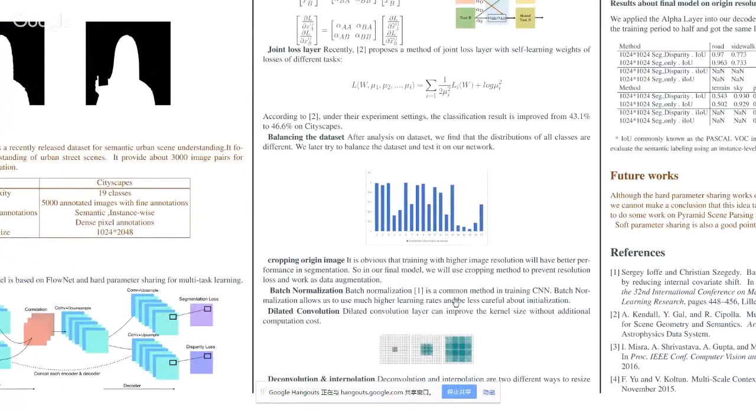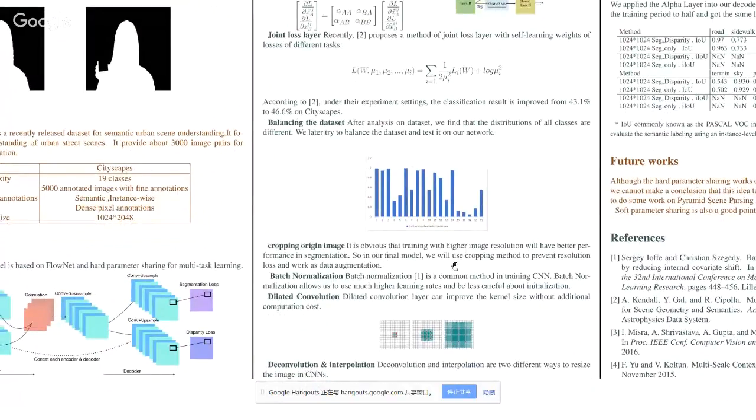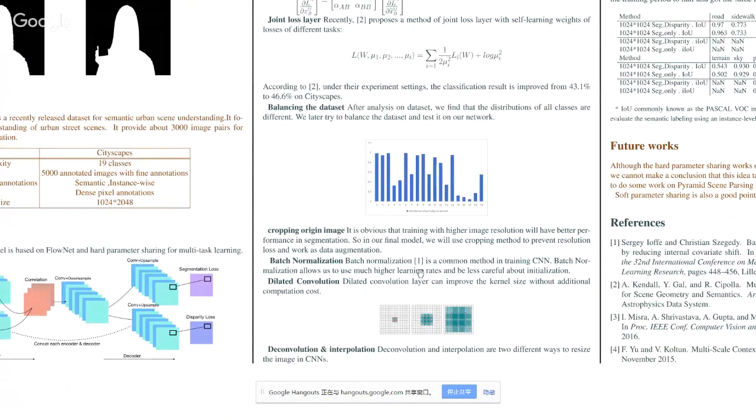About the crop, cropping is needed because we are limited by GPU memory, and we don't want to resize the image. We want to get the result from the original image, so we randomly crop the original image into pieces, and each image can get about 8 to 16 images.